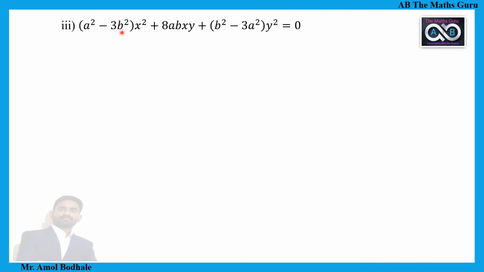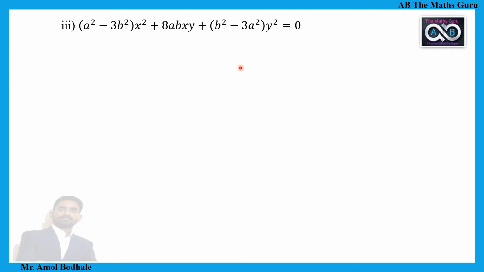a square minus 3b square into x square plus 8ab xy plus b square minus 3a square into y square equal to 0. As we know, the standard equation is ax square plus 2hxy plus by square equal to 0. But in the given example also there are variables a square, b square.